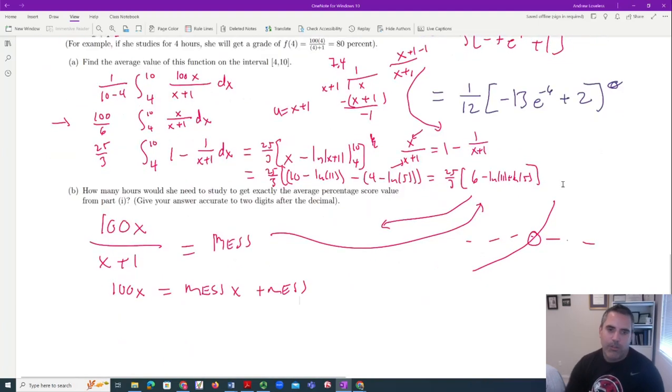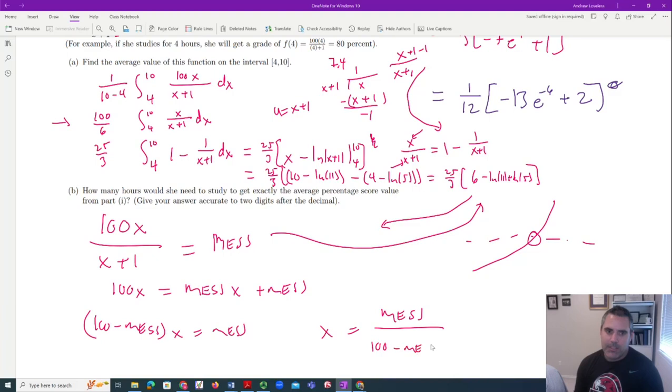But it's solvable. You would move this over to the other side. You get 100 minus mess times x equals mess. So the final answer, and this is actually how I would do it, I wouldn't label it mess. I would give it a symbol. But if I had to solve something like this, this is what I would do. And so I get x is this number over 100 minus this number.